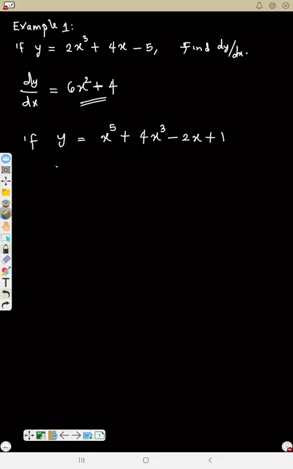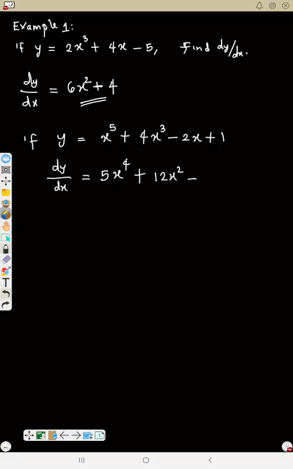Now the dy dx will be equal to 5x raised to power 4. Hope you got it, we write 5 first. Also, you subtract 1 from the power, as we have done before. So now 5x raised to power 4 plus, now this will be 12x raised to power 2, because we multiply the 3 by the 4. Then you subtract 1 from the power.